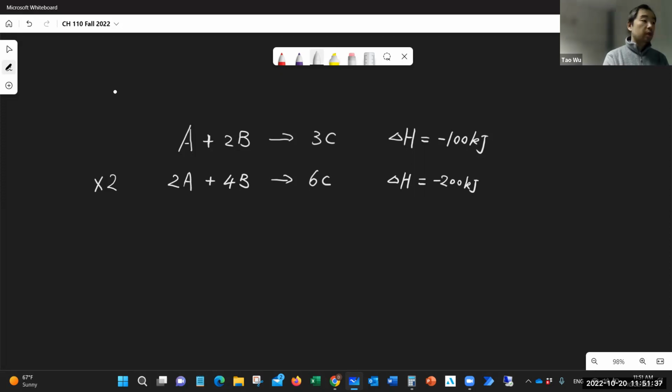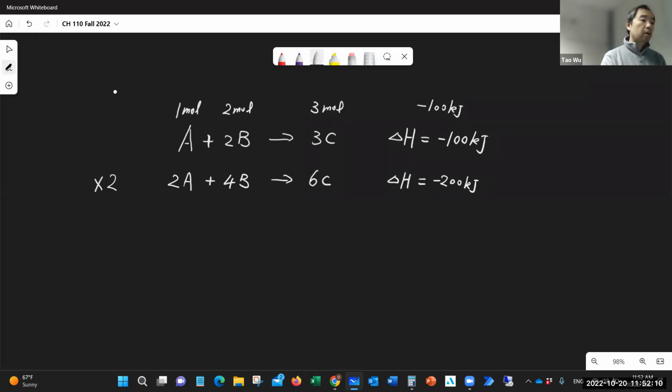This is the one thing you need to be careful about. If you multiply the equation by 2, the heat will also double. The reason is that the first equation is 1 mole of A reacting with 2 moles of B to form 3 moles of C, producing 100 kilojoules of heat.